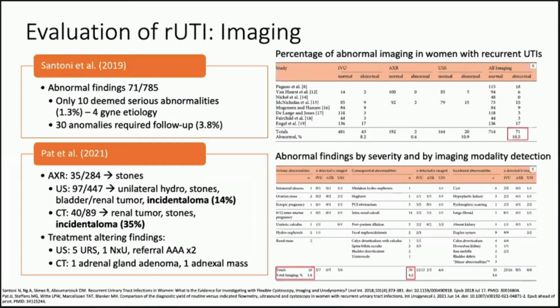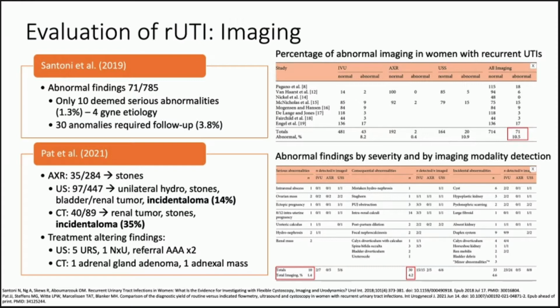These same studies also looked at the role of imaging in the evaluation of recurrent UTIs in women. The review performed by Santoni and colleagues pulled data from 8 studies, totaling 785 imaging studies that were performed either in the form of IV urogram, which is no longer a routine imaging study, abdo X-ray, or ultrasound.